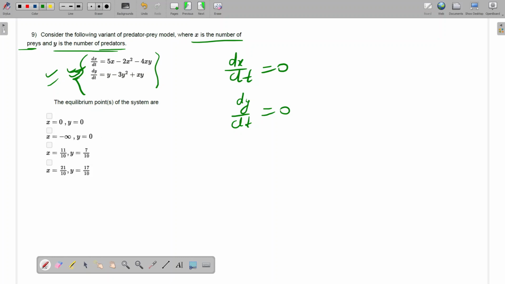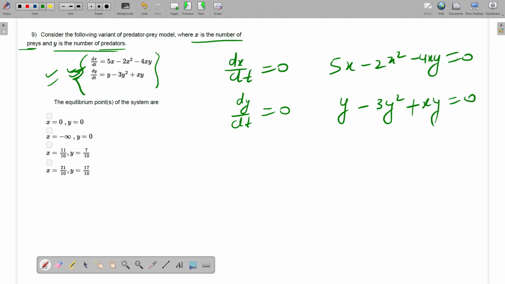So we get two equations: 5x minus 2x square minus 4xy should be equal to 0, and y minus 3y square plus xy is equal to 0. Can we convert it into a single variable? How can we solve it?